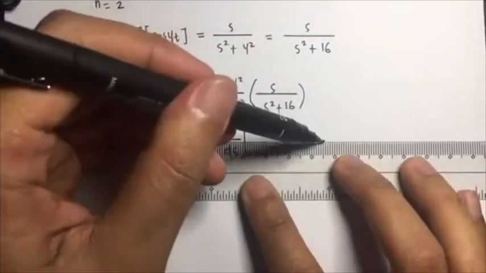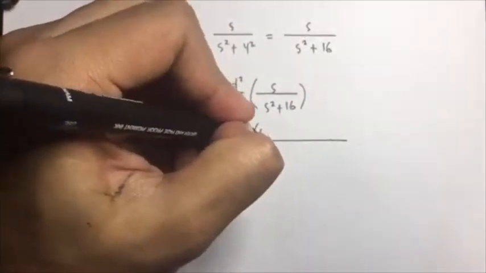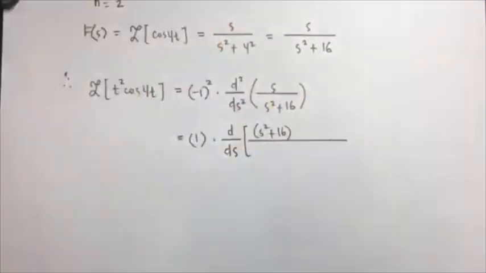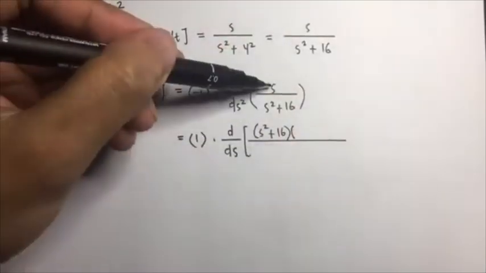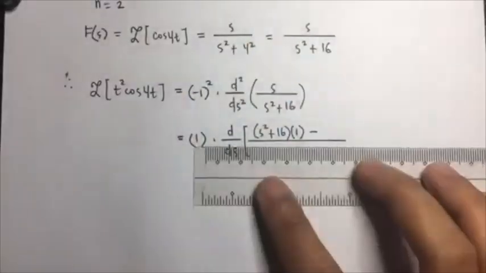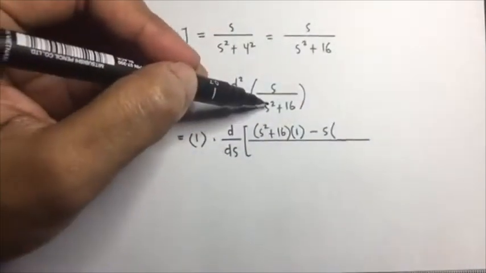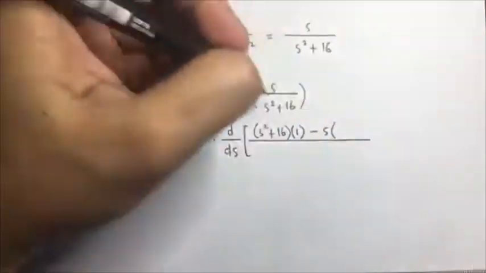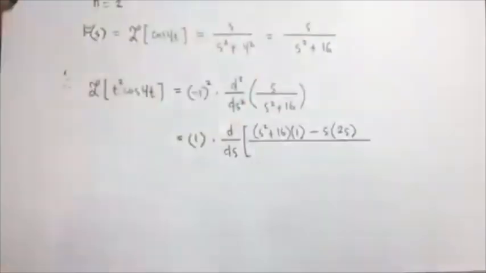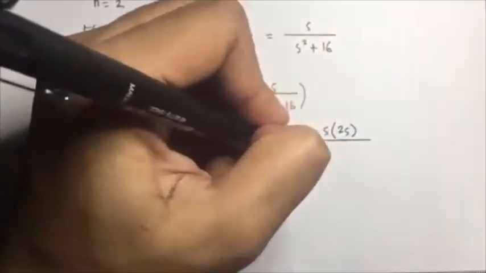Using the quotient rule, we have the denominator s squared plus 16 multiplied by the derivative of the numerator, which is 1, minus the numerator s multiplied by the derivative of the denominator, 2s, over s squared plus 16 squared.